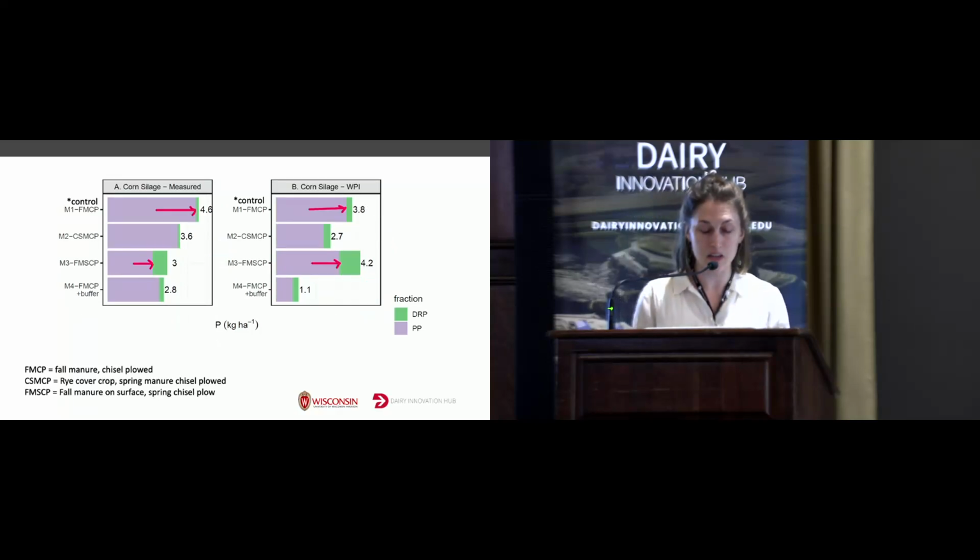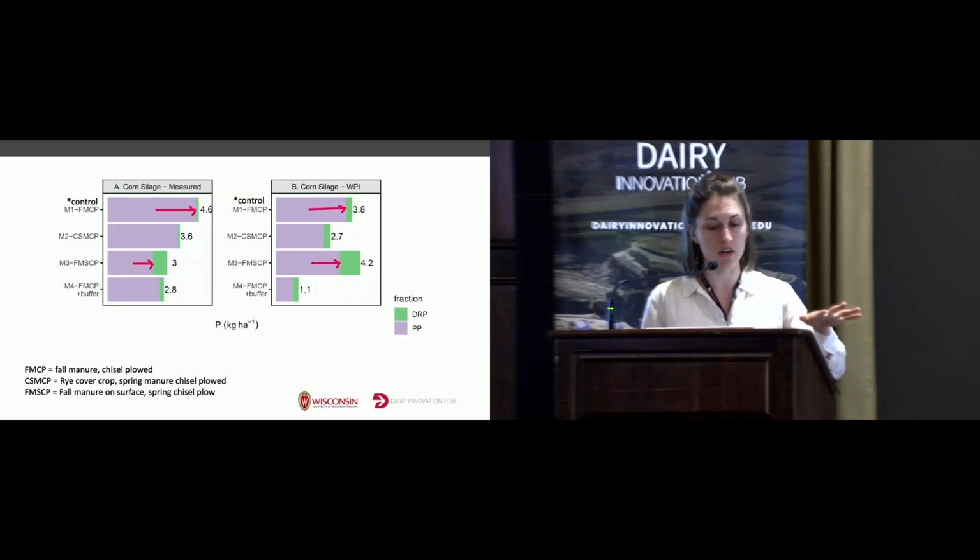And then the final example I want to give has to do with the timing and application method of manure. In this example, we have the same control with that fall manure that's chisel plowed in. And then the comparison that I'm making on the third bar is to a treatment where the fall manure was surface applied, so it was left on the surface through the whole winter, and then in spring it was chisel plowed.